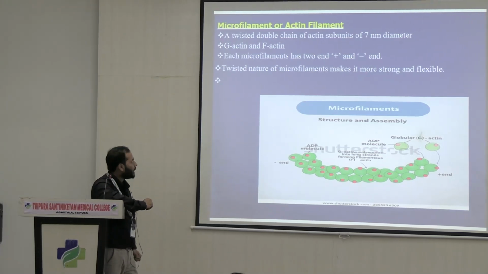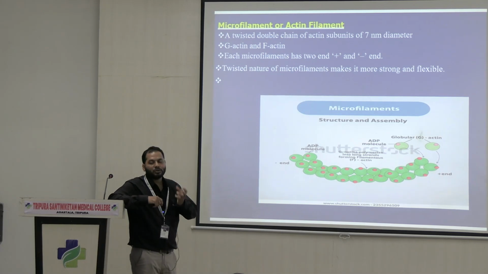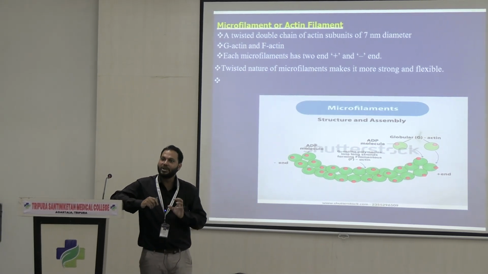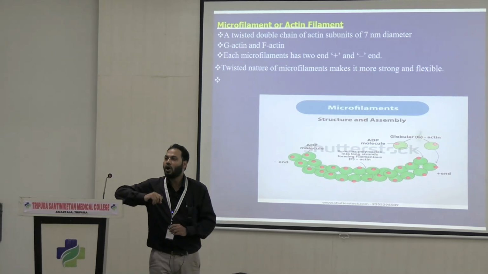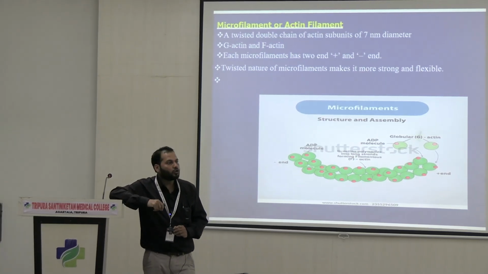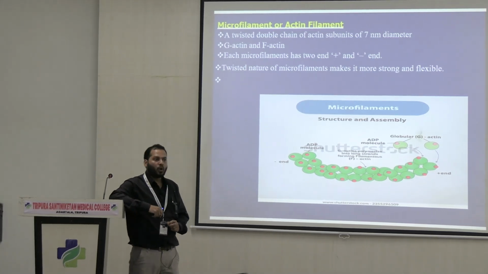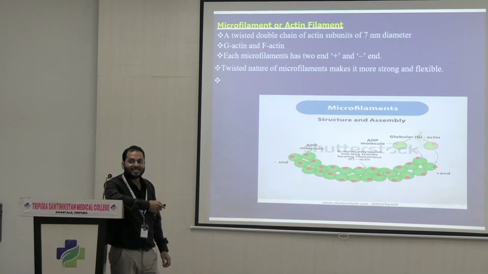It is around 7 nanometers, and it is basically made up of different types of protein. Mainly 2 different types of proteins are present in microfilament structures. One is called G protein or globular actin, and another one is F protein or F actin. Actually, this is filamentous actin.